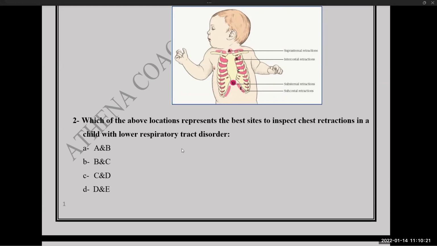Since it is a lower respiratory tract disorder, chest retractions will be found over the lower area. So please select the lower area, substernal retractions and subcostal retractions. So the answer is D and E, so it comes under option D. Okay, D is the answer.